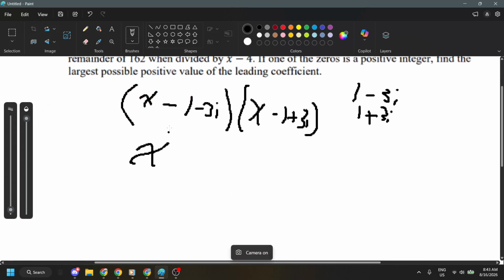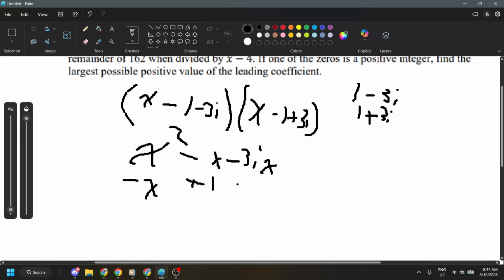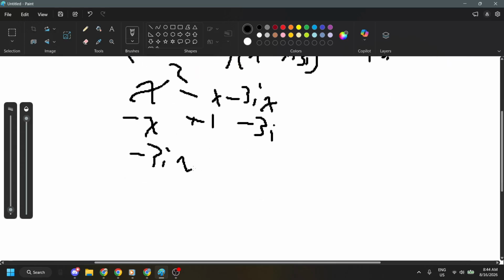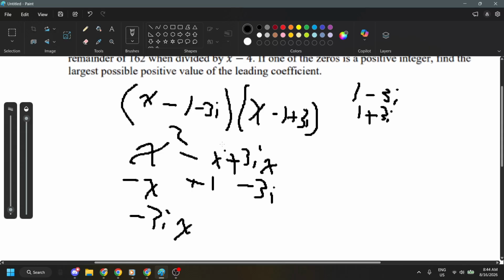So it's going to be x squared minus x minus 3ix minus x plus 1 minus 3ix, plus 3ix minus 3ix plus 3i, and then minus 3i squared, so it's minus 9i squared, so it's going to be plus 9.